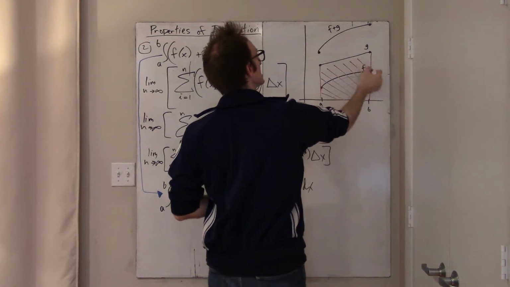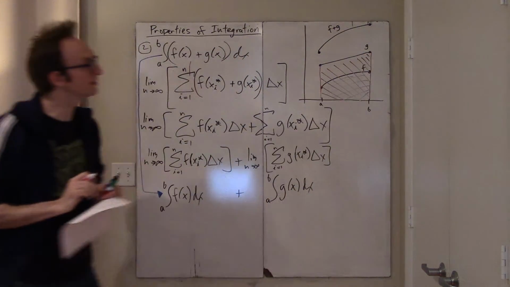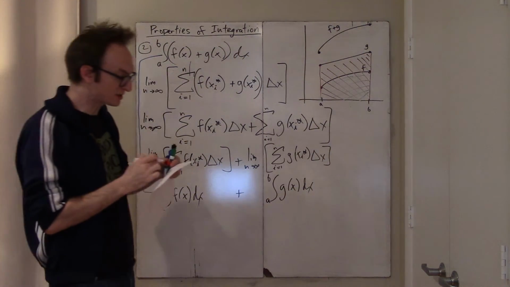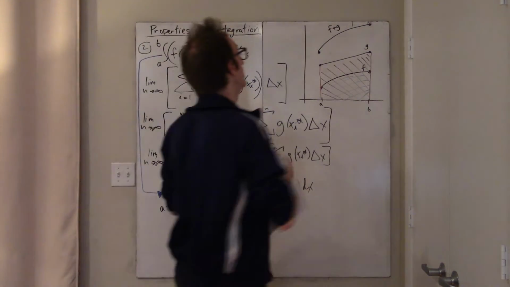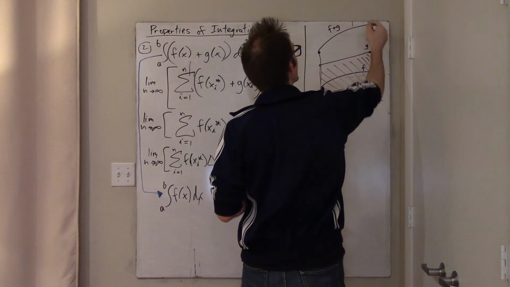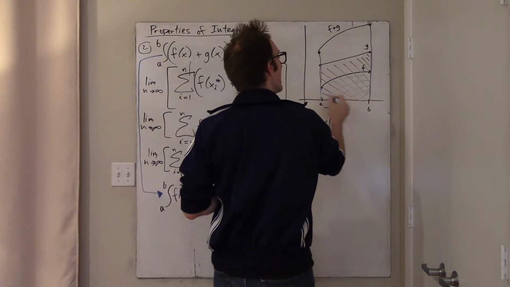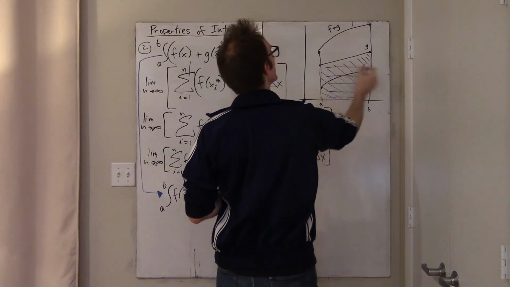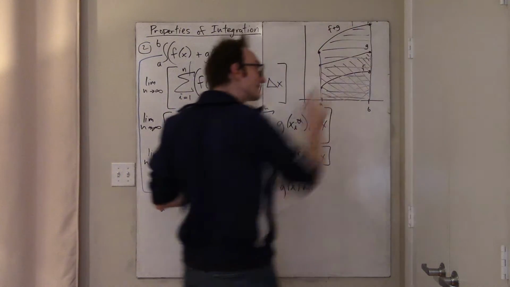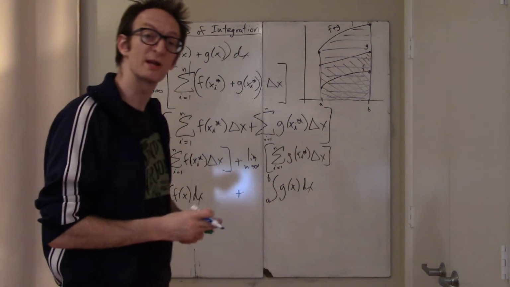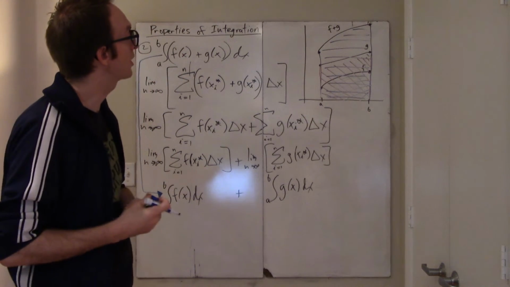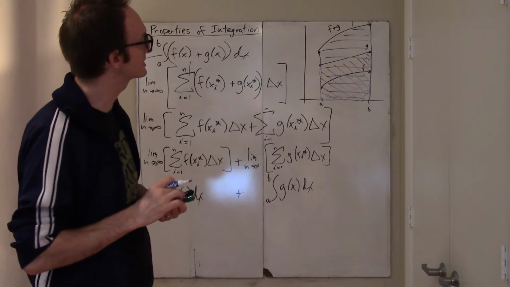Is it just clear that the red plus the green gives me this blue, which is the whole area under the f plus g curve? I claim, while plausible, this is not obviously true in the same way that it was when we were integrating the constant function. So can we make this obvious to us?